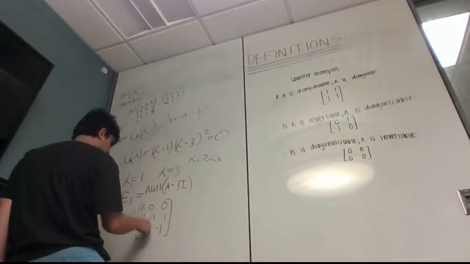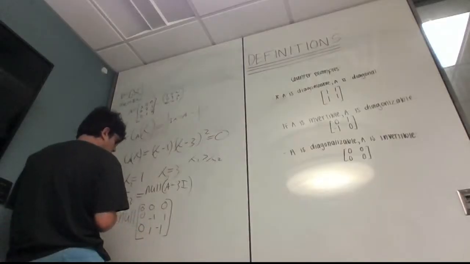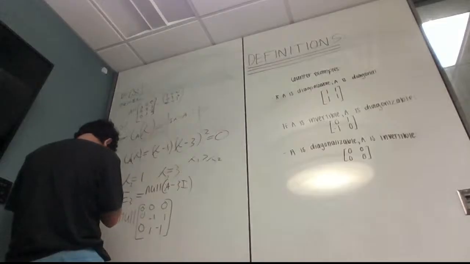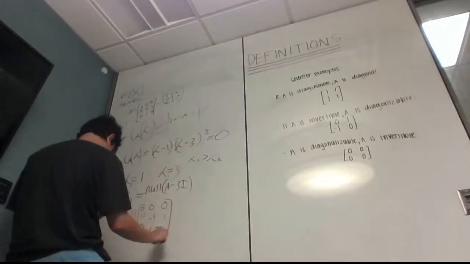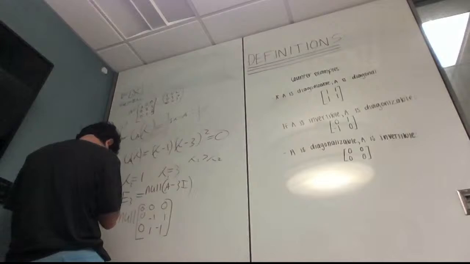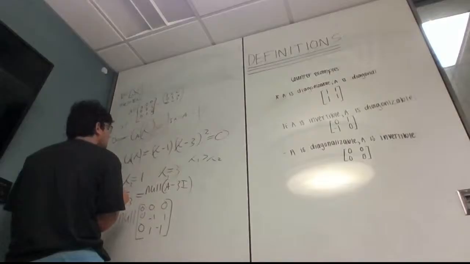Now the question is, we need to put this into reduced row echelon form, right? Is this in reduced row echelon form? No, not really. So we need to find the. Actually, first of all, we don't even have a 1 value here.